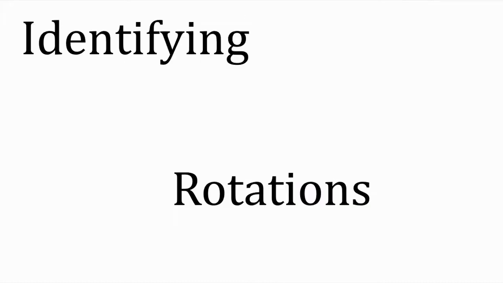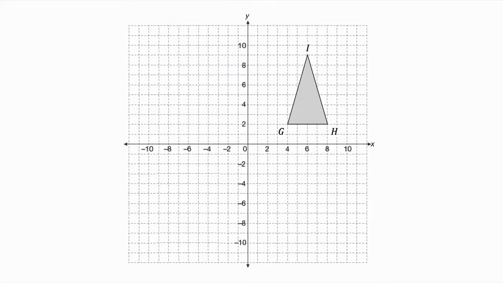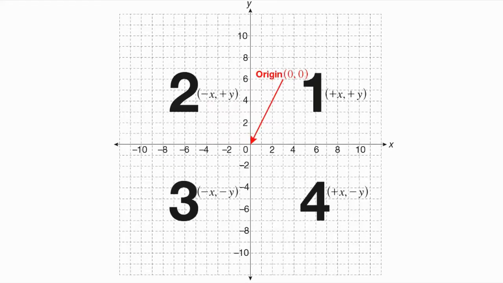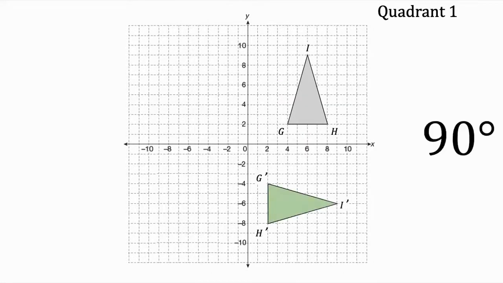Now, when it comes to identifying rotations, we will focus on clockwise rotations in this video. We will do 3 kinds of rotations: 90 degrees clockwise, 180 degrees clockwise, and 270 degrees clockwise. First and foremost, let's remember those quadrants. For this example, we'll be starting in quadrant 1. So we can see that 90 degrees, or a quarter turn clockwise, rotates this triangle into quadrant 4.